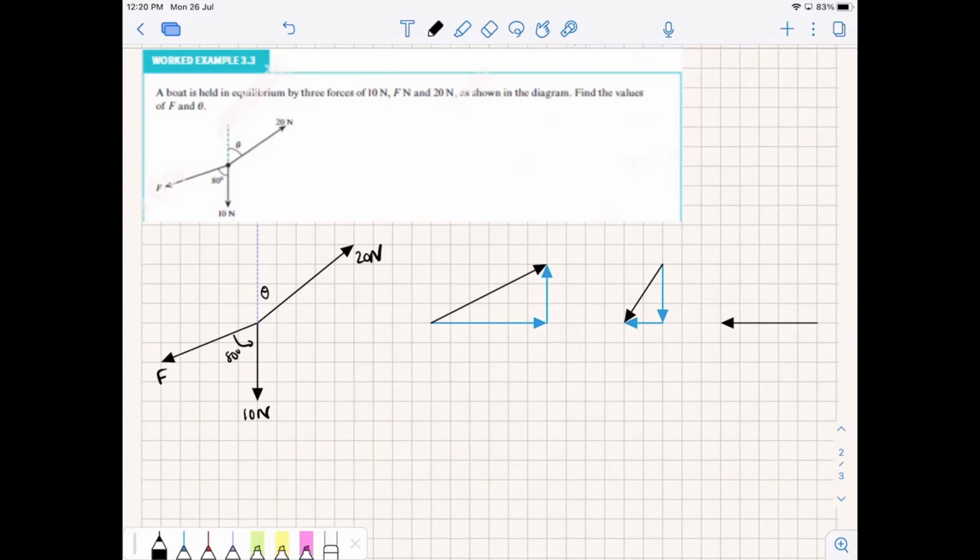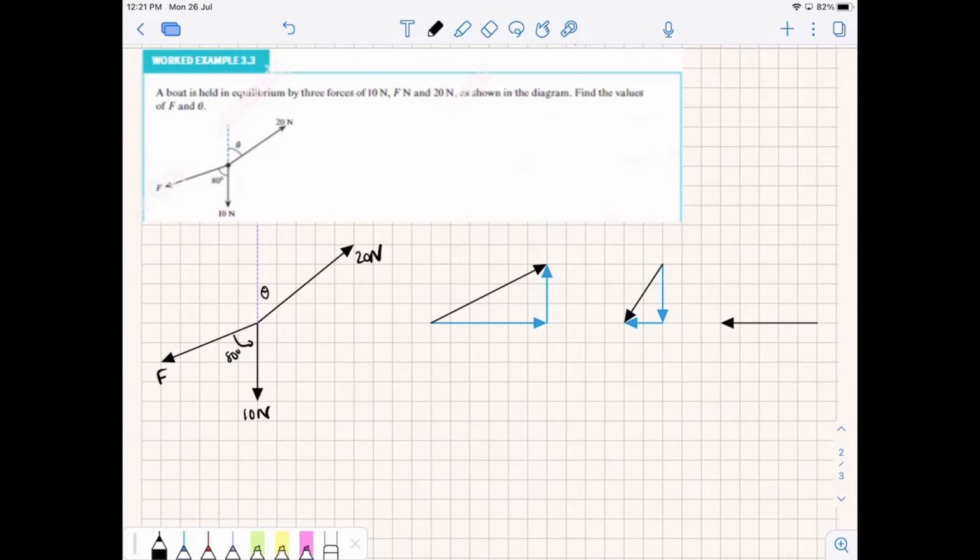There's a force of 10 newtons, there's a force F, and there's a force to the north of 20 newtons. And they want us to find the values of F and theta, the angle indicated in the diagram.